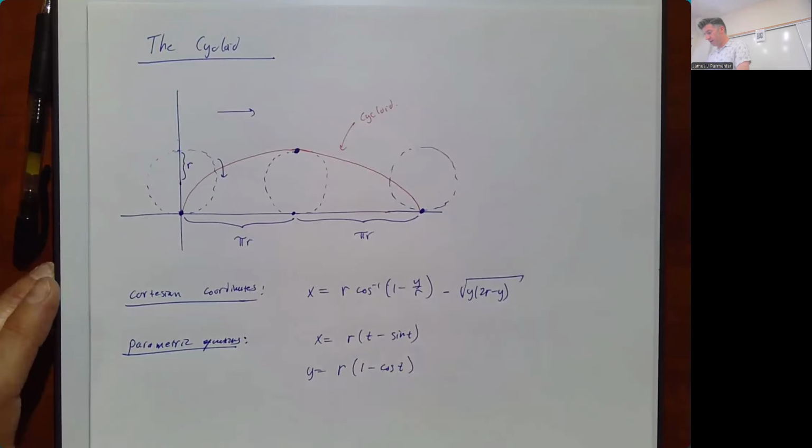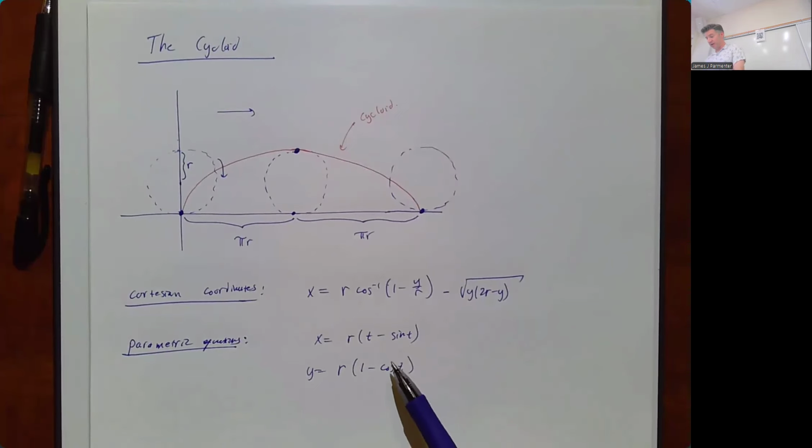And I'll be frank, the way I've always remembered this in my life is that it looks exactly like the derivative of x is equal to y. The derivative of t is 1, the derivative of sine of t is cosine of t. So if you're trying to remember the parametric equations for the cycloid, you can think of it that way. It's not because of that, but it just happens to be.